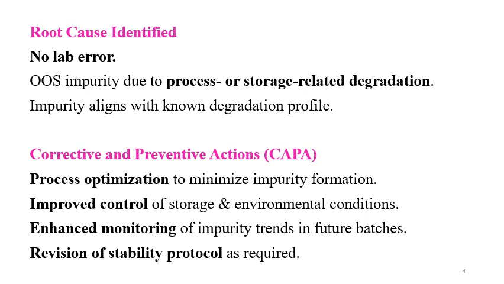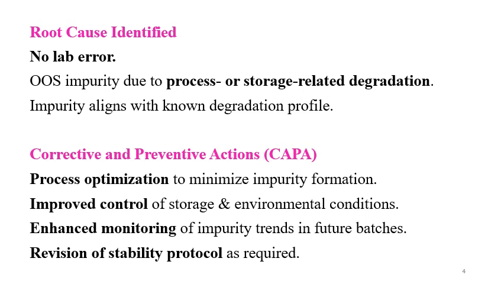So root cause identified: no lab error, and the OOS impurity is due to process or storage related degradation. Impurity aligns with the degradation profile. For example, you find that there is a formation of impurity, it is a degradant, and it is formed because of the storage or high temperature exposure.